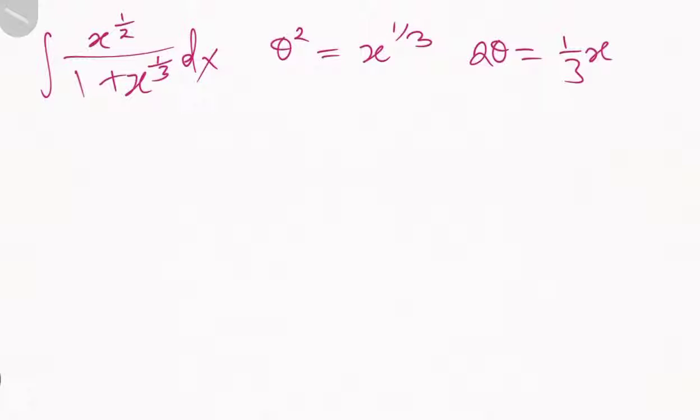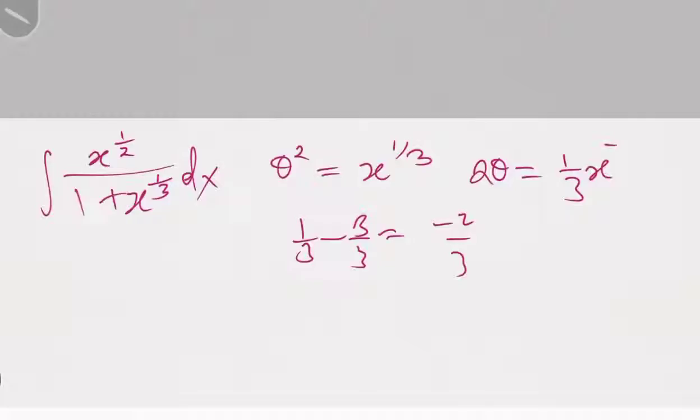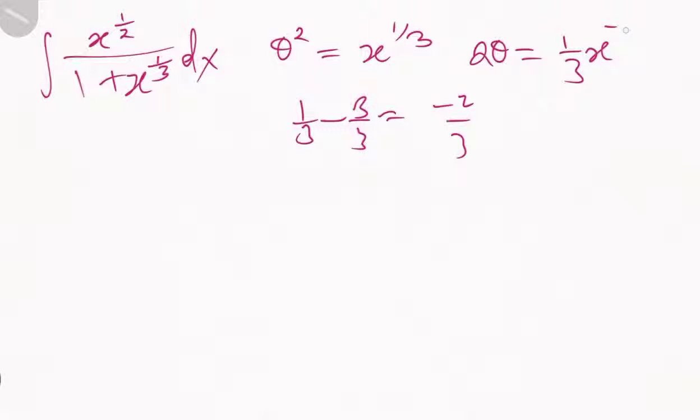Equal to 1 over 3, then x raised to power, now that means you have 1 over 3 minus 1. 1 is actually 3 over 3. So we have minus 2 over 3. Let's clean this up.